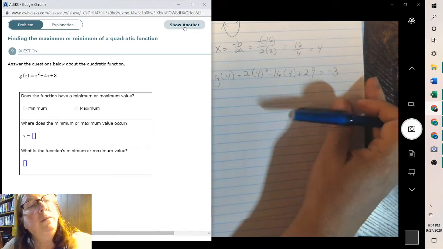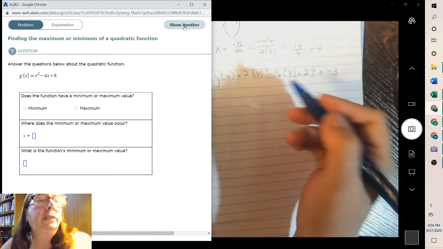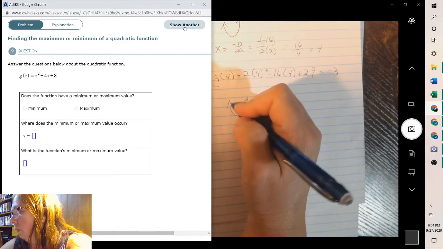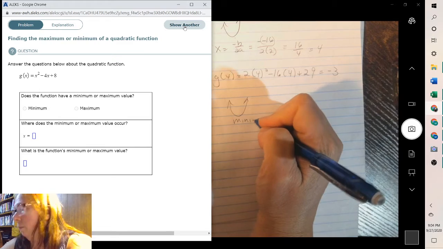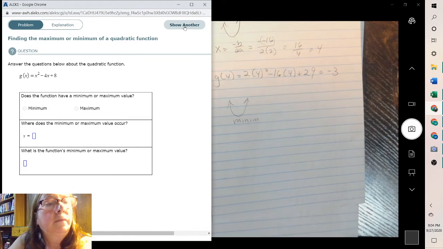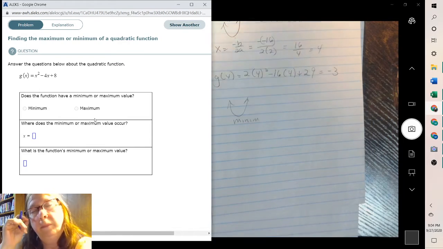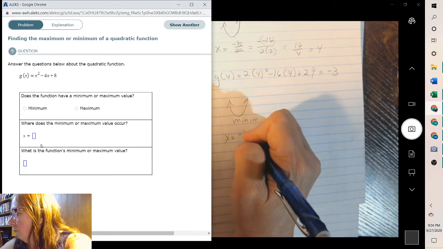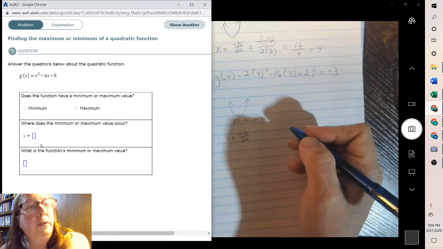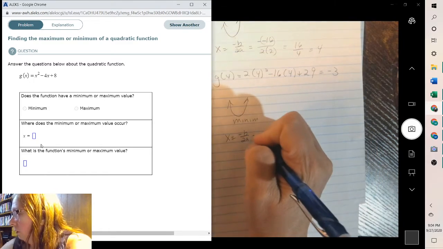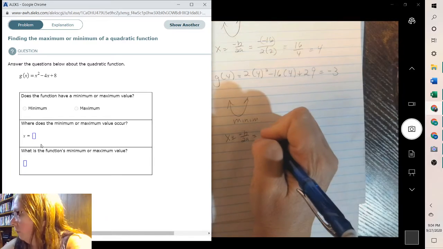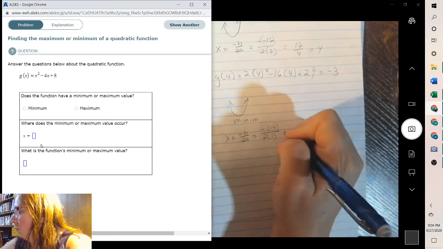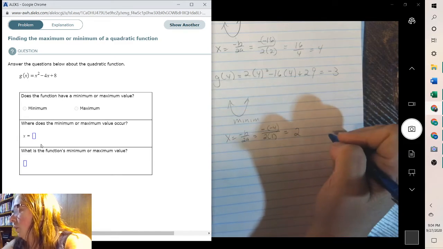So this one is x squared minus 4x plus 8. Notice the x squared is positive. Positive means your graph's going up, which means, again, we're finding a minimum. To find that minimum, the x value is negative b over 2a, just like when we found our vertex. Negative b is negative times a negative 4 over 2 times a, which was 1, which reduces to 2.